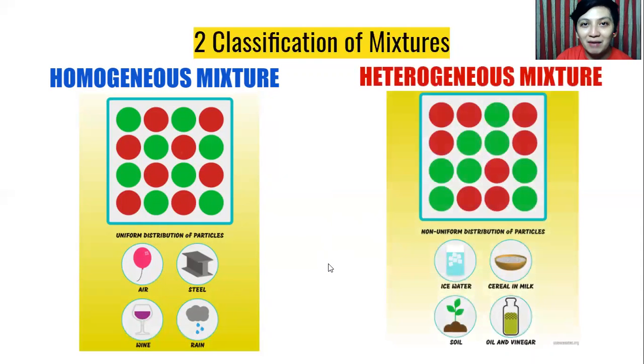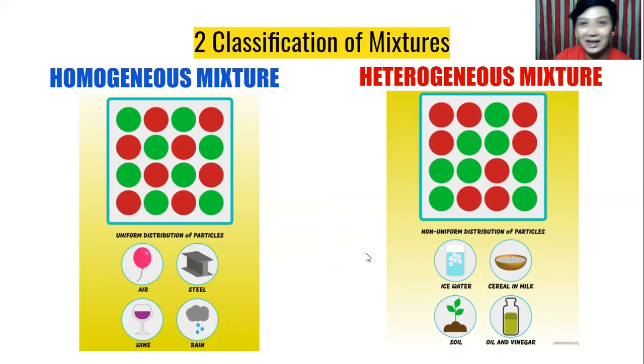And then we have heterogeneous mixtures, meaning to say non-uniform distribution of particles. So it means that you can see all the particles or all the substances that you combined in this type of mixture. So example of this is ice and water, cereal in milk, soil, oil, and vinegar. So you can identify the substances.